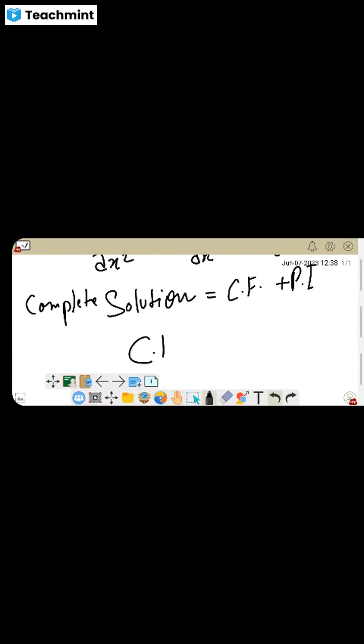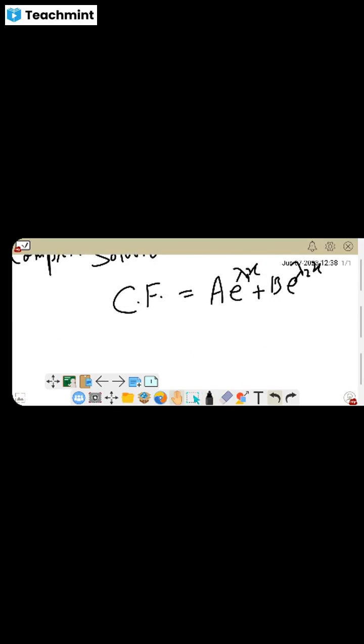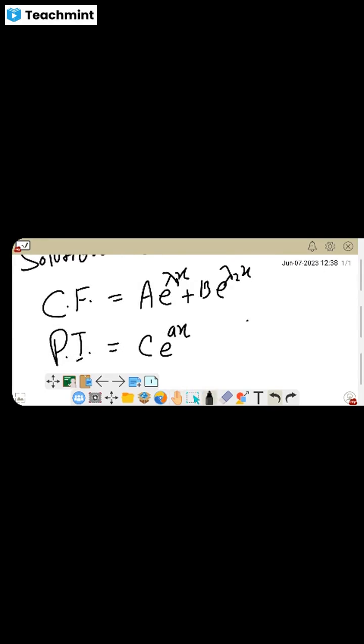So CF is, as we have just learned how to find the solution in homogeneous, a into e to the power lambda 1 x plus b into e to the power lambda 2 x, and PI is c into e to the power ax, if f(x) is equal to e to the power ax.